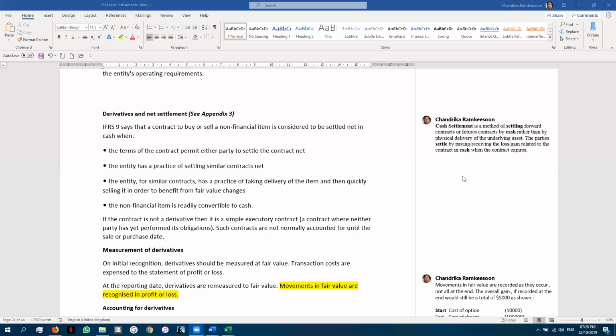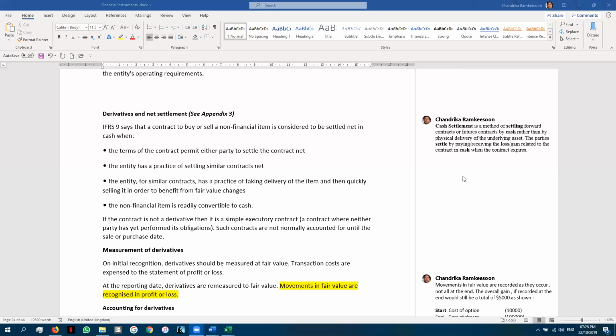Cash settlement is a method of settling forward contracts or futures contracts by cash rather than by physical delivery of the underlying asset. Remember the underlying asset here may not be changing hands at all. It's just being used as a focus, the other side of the transaction. So any gains or losses would normally be settled through payment rather than through physical delivery of the actual item itself.